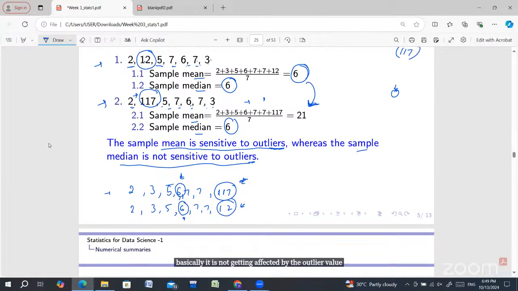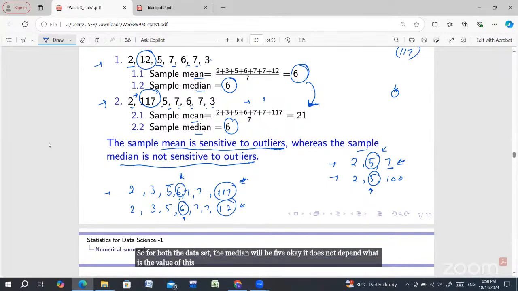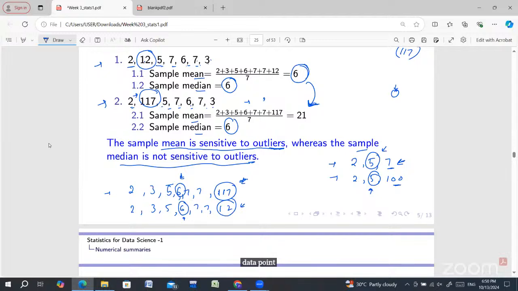Suppose let's take a small example: 2, 5, and 7, or 2, 5, and 100. What will be the median for this data set and for this? It will be 5, right? So for both data sets, the median will be 5. It does not depend on the value of the other data points.